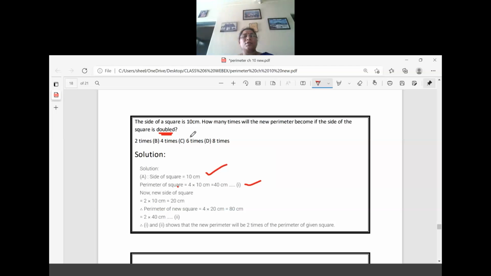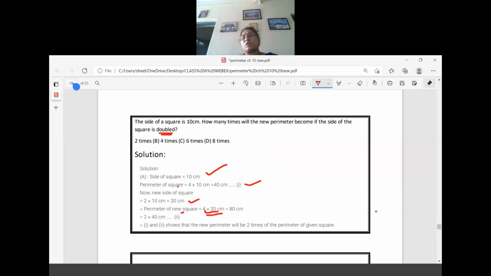Now the side of the square is doubled. New side of the square is 2 into 10 equal to 20, right? Then the perimeter of the new square is equal to 4 into 20, equal to 80. What happened here? The length of the side is doubled. Previously it was 10, now it became 20 only, right? So the perimeter became 4 into 20, it is 80 only. What is the difference?